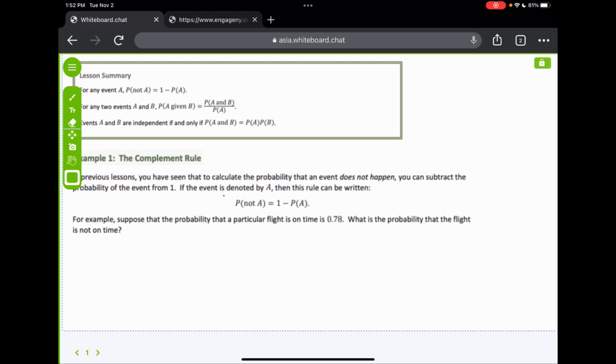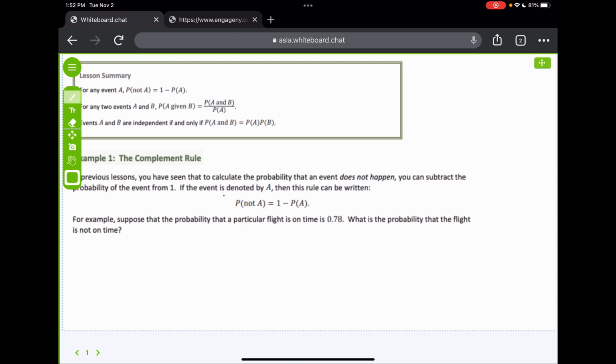So, what we're going to look at now is the complement rule. We've already talked about the complement. If it's A, then not A is the complement. How would we look at that? For example, suppose that the probability that a particular flight is on time is 78/100ths. What is the probability that the flight is not on time?